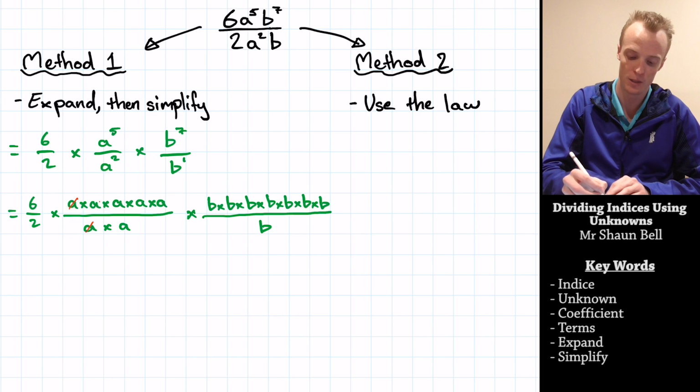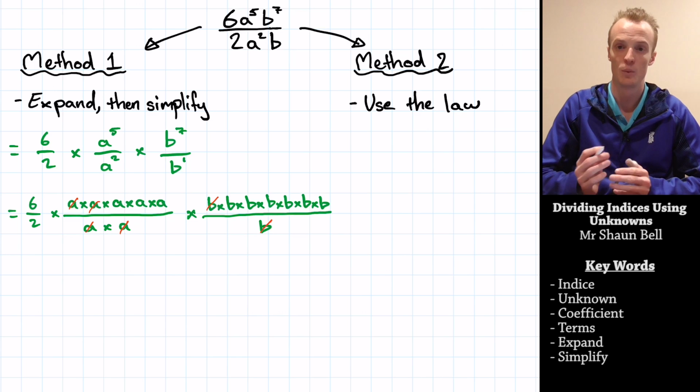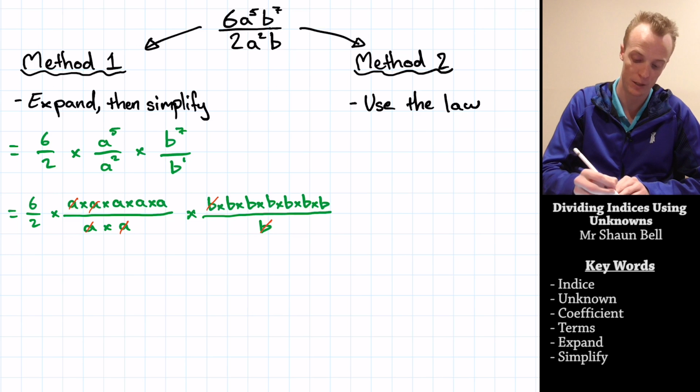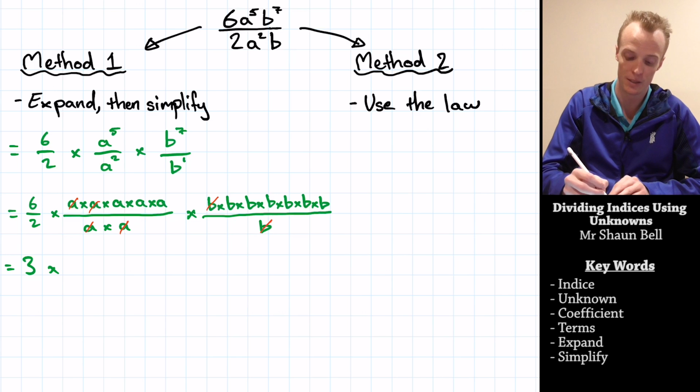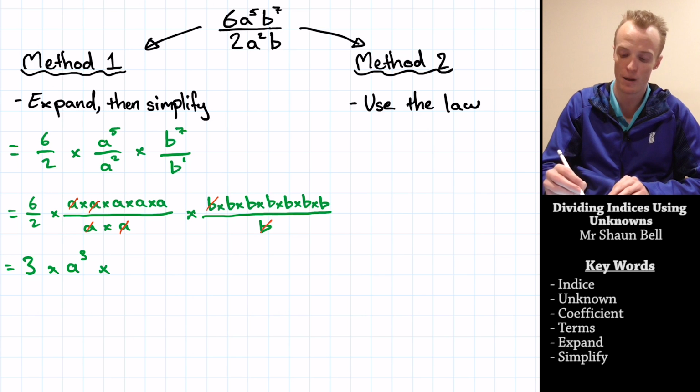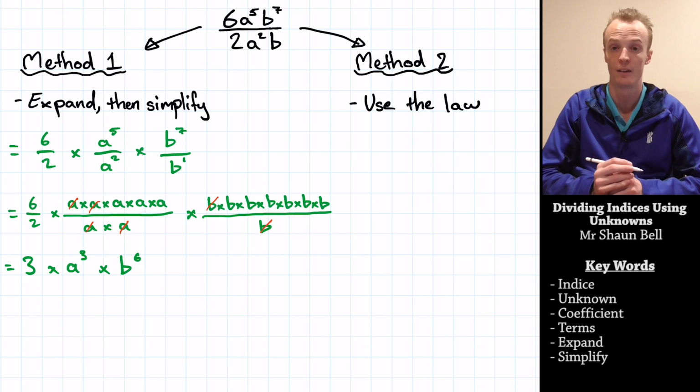So this will cancel, and this one will cancel. So what we've got remaining is 6 divided by 2, which is equal to 3, multiplied by a times itself 3 times, so that's a to the power of 3, multiplied by b times itself 6 times, which is b to the power of 6.